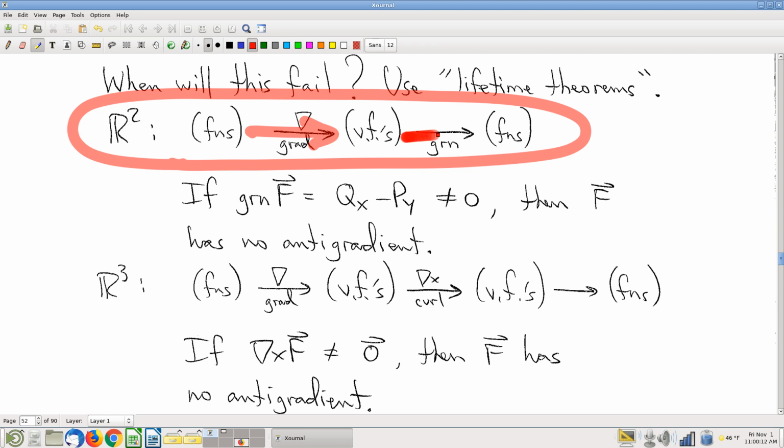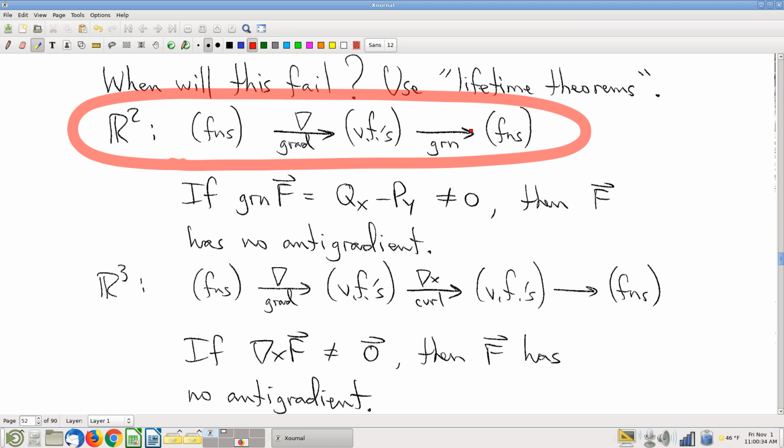Well, that's exactly what goes in the Green's operator, and this actually makes a lot of sense in a lot of situations. And we made the further observation that, well, in fact, these compositions are exact sequences. So everything's got a lifetime of 2.